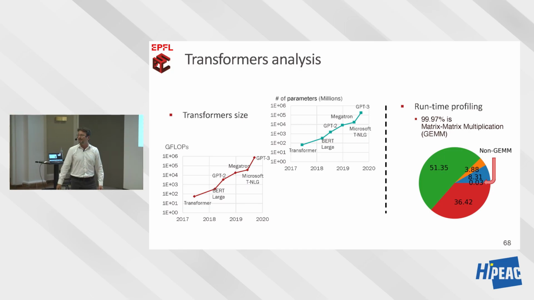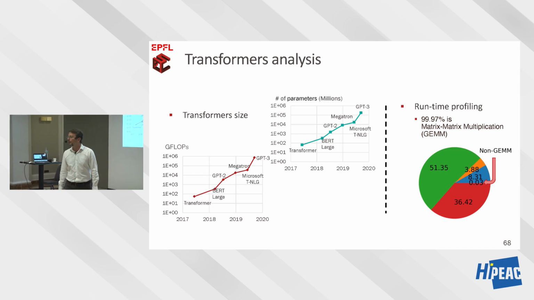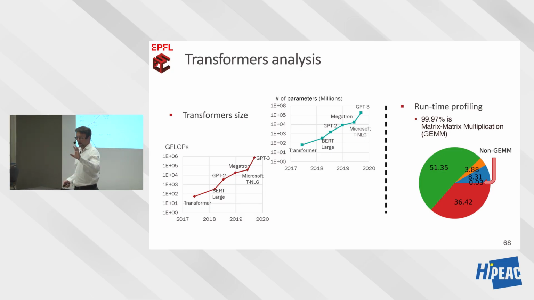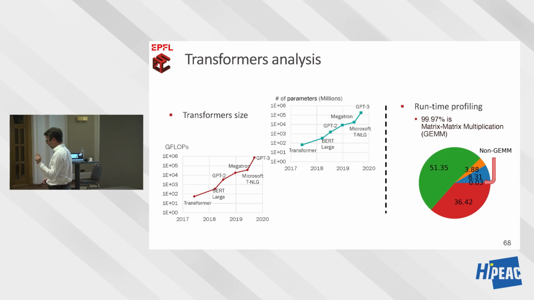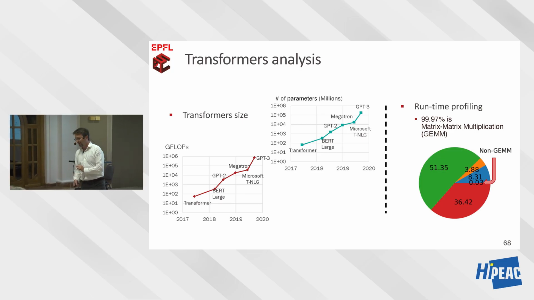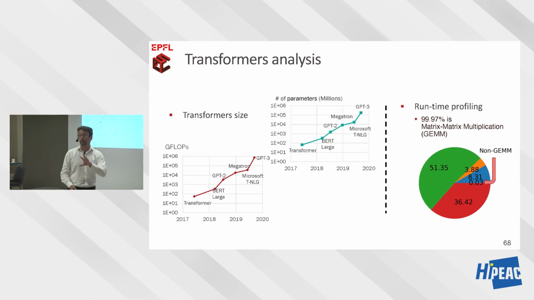The other characteristic, please mute your cell phone, is that before I said that in the feature extraction framework, tool flows, what we have is that 10% of the code takes 90% of the runtime. For machine learning it is even worse, and for transformers it is even worse.